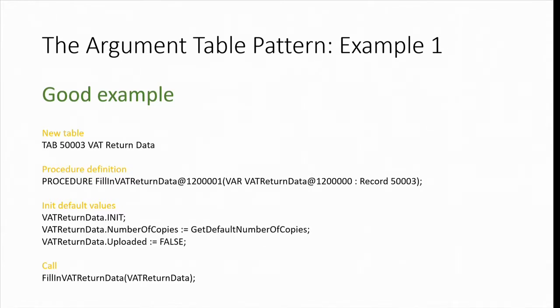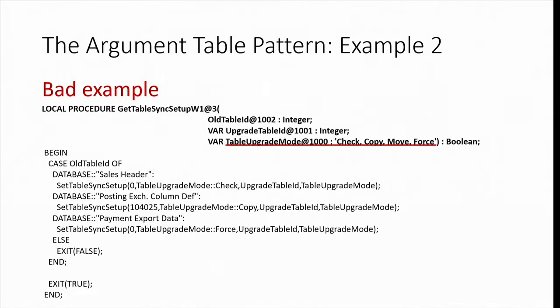This time, when you want to add a new field, you just add it to the table. The function stays unchanged, except for the implementation where maybe you want to use this value, but the function call stays unchanged and the function signature stays unchanged. A second example is from upgrade.